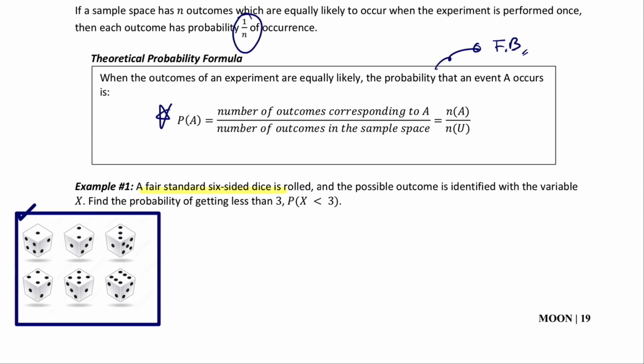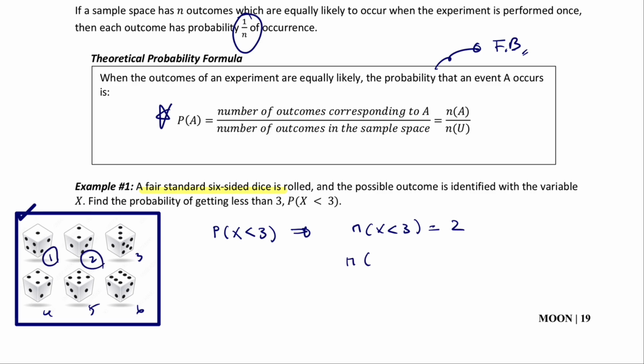A dice has numbers 1, 2, 3, 4, 5, and 6. We need to find the probability of getting less than 3. So the number of outcomes for this event, getting an x value less than 3, is only 2, right? 1 and 2, so it's 2.